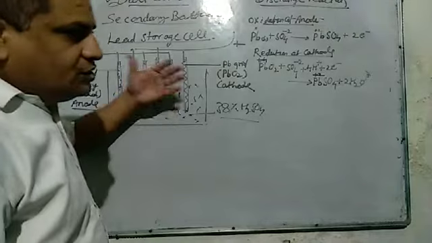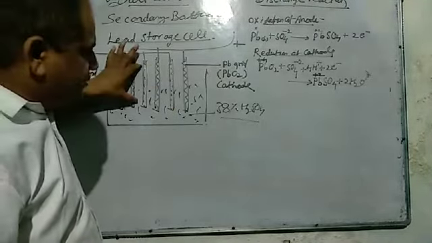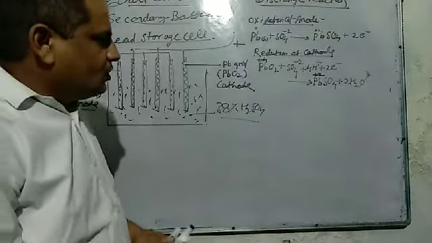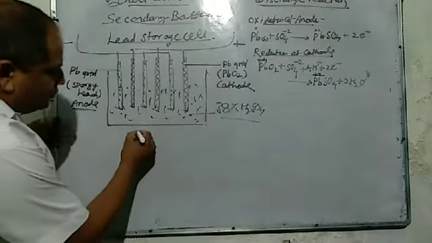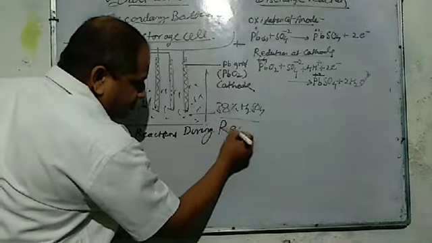During the connection, the anode of this electrochemical cell is connected with the negative terminal of the source, and the cathode is connected with the positive terminal of the source, so that the reaction can be reversed. So we will study now the reactions during recharging.